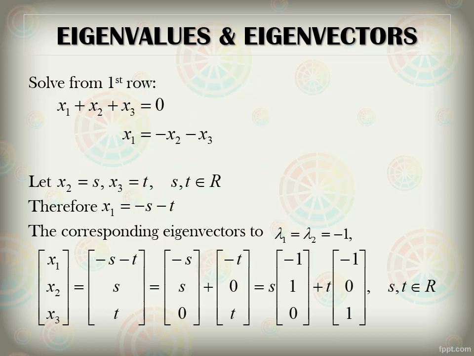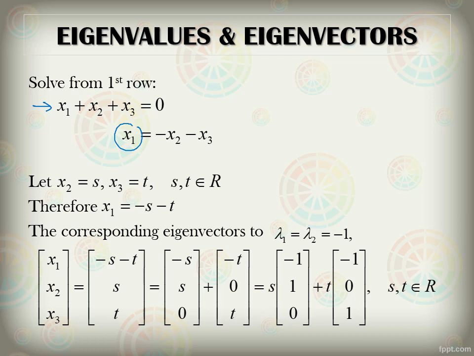Right, so for the solution for the eigenvalues, since we have only one equation, if we rearrange to make x1 the subject, we have minus x2 minus x3. Here we cannot just let x2 equal to s, but we must also let x3 be another constant, another variable, so that x1 can be solved.